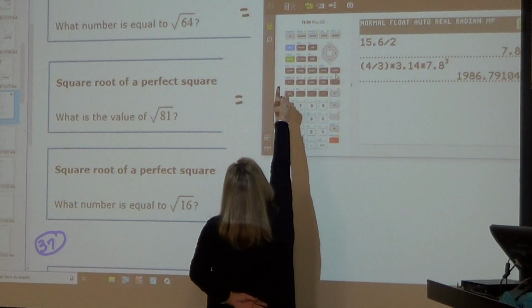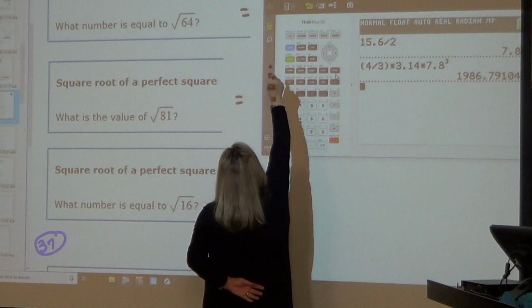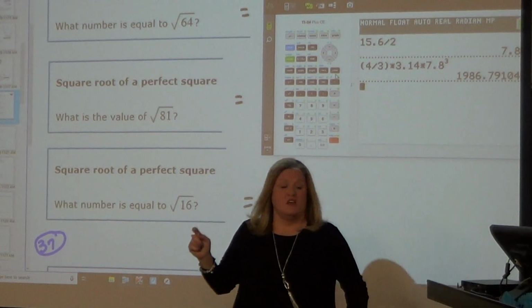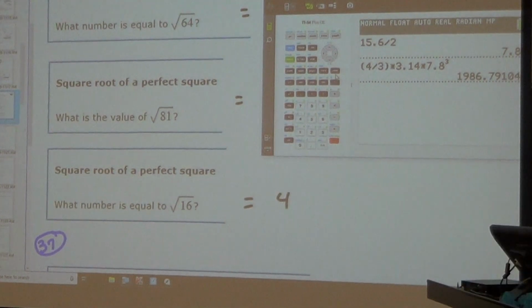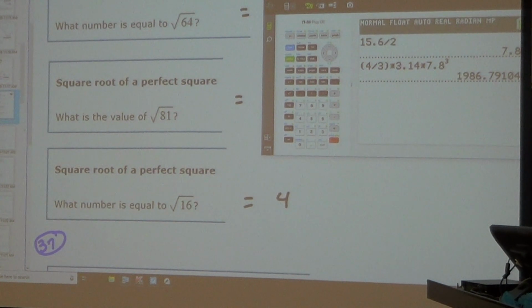So it's in blue, so we hit the blue button or the second button, and then we hit that button. So to do the square root, I'm going to hit second, square root and then type in 64. Or second square root and type in 81.